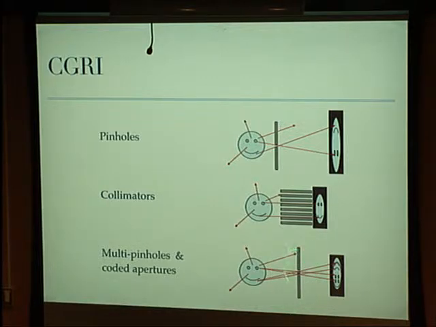So why use multiple pinholes? Well, you increase the sensitivity. One pinhole doesn't allow a lot of light through. Two pinholes effectively doubles the amount of light that you let through. The negative of adding multiple pinholes is you may get overlapping projections. And so, what I'll talk about here in a minute is essentially pinhole and multiple pinhole type systems.